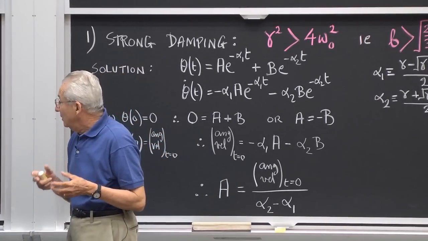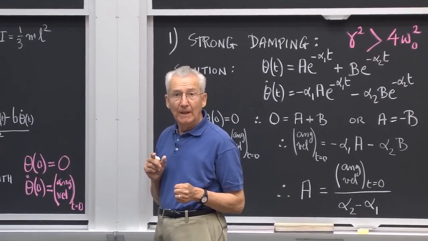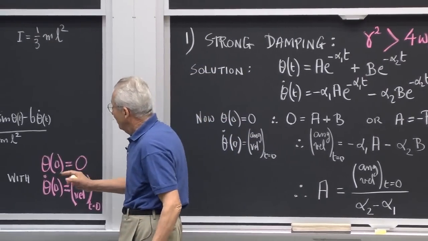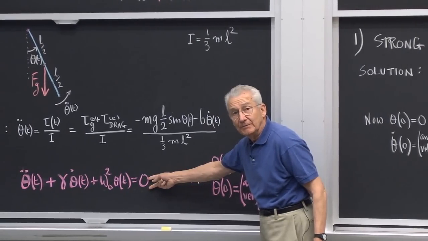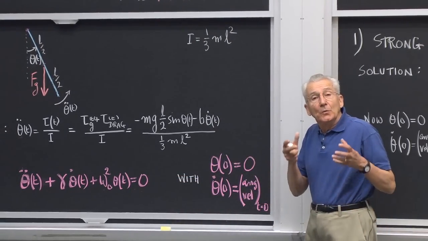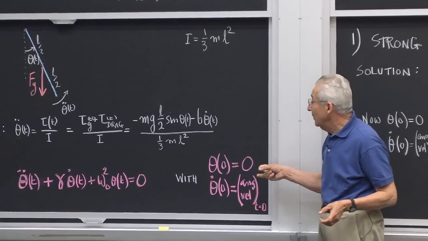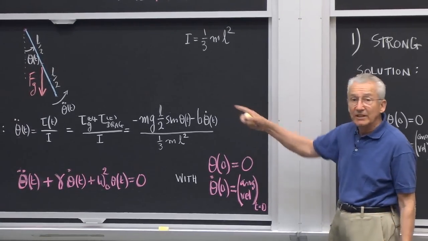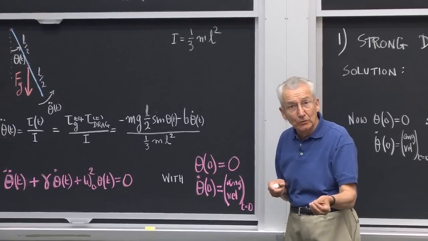We want to find the solution to our particular problem. So we found one that satisfies the equation of motion for our system. We now want to make sure that we have a solution which satisfies the boundary conditions. In other words, which is consistent with what we said this rod was doing at t equals 0.